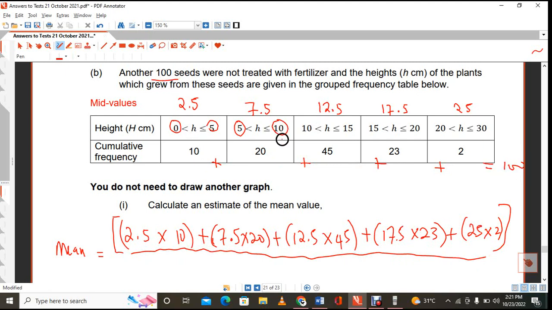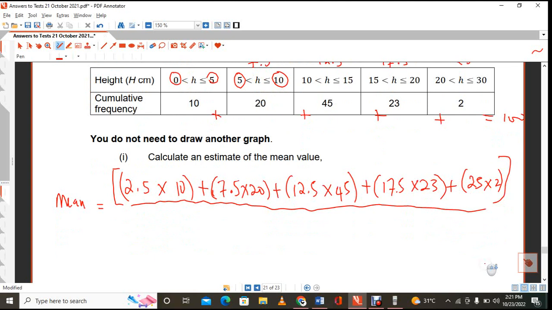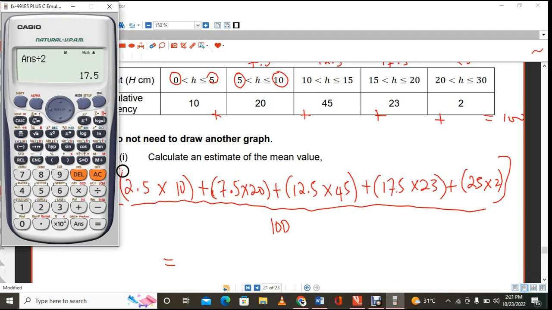Okay, so no need to go and draw a cumulative frequency table. That's not what we are doing here. So dividing these values by 100, and then you simply grab your calculator and you work out what the stuff on top gives you.